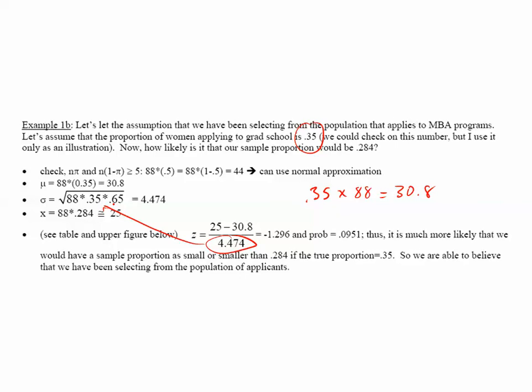Either way, you can use either method in this course, recognizing that we're taking a distribution that is very non-normal, a dichotomous or binomial distribution, male-female, and we're making an assumption that if the sample size is large enough we can assume a normal distribution. In both cases we reach a similar decision: it's much more probable to get 25 females when we expected 30.8 than it would have been if we got 25 females when we expected 44.